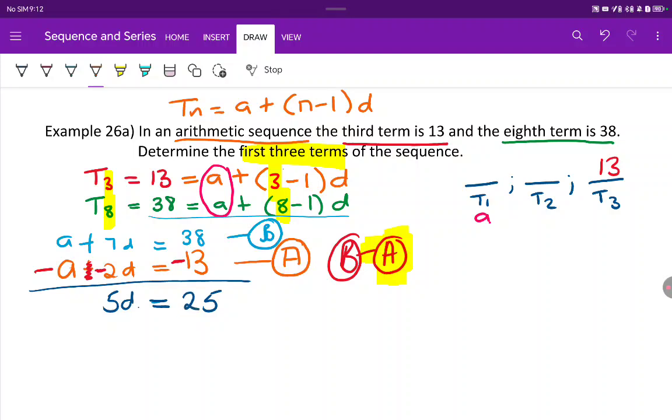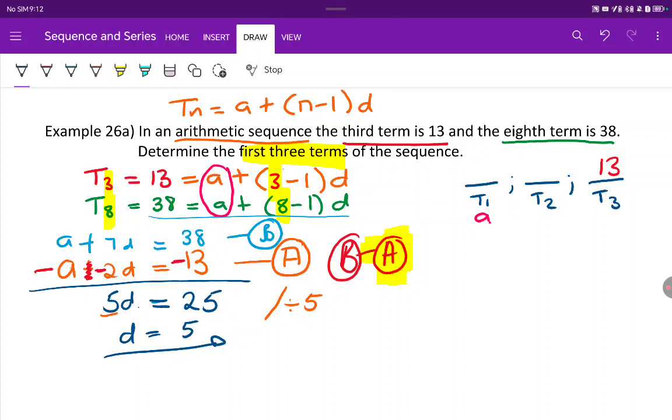Now we want to get rid of this 5, so we divide by 5 across, which means on the left hand side we have d is equal to 5 on the right hand side. Now we have accomplished the goal of solving for d. We know what d is, which is wonderful.